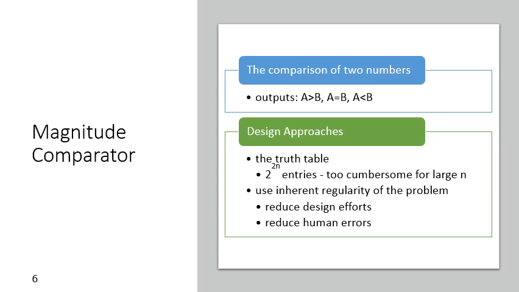If the first number is greater than the second number, it should also indicate that, and vice versa. So basically we've got two inputs for this comparator circuit. A and B are the inputs, both of 4 bits each, and we've got three distinct outputs, one to represent equality, one to represent greater than, and one to represent less than.